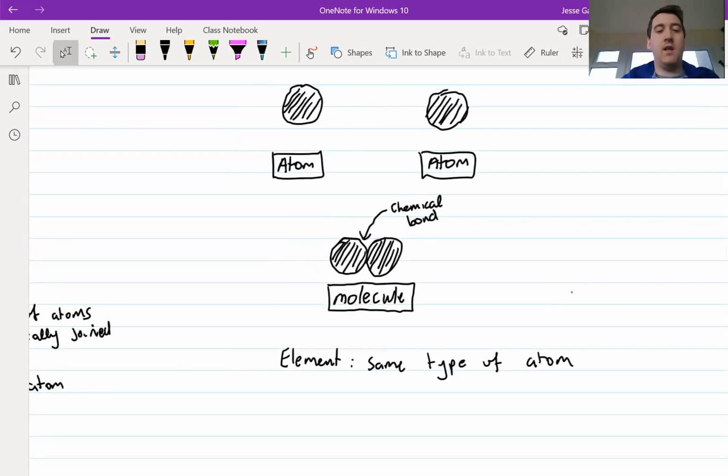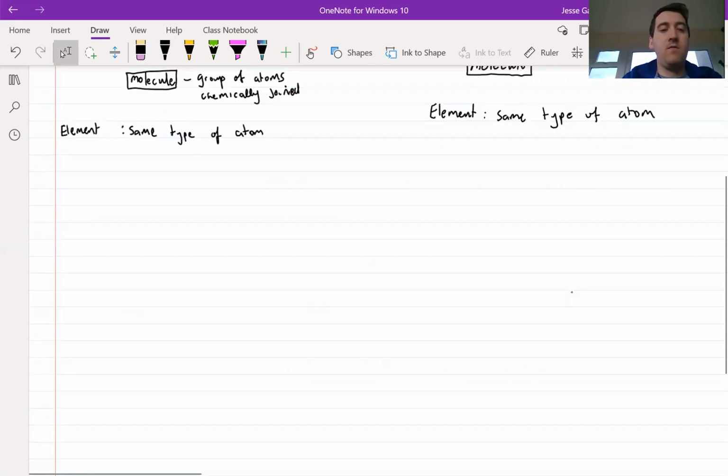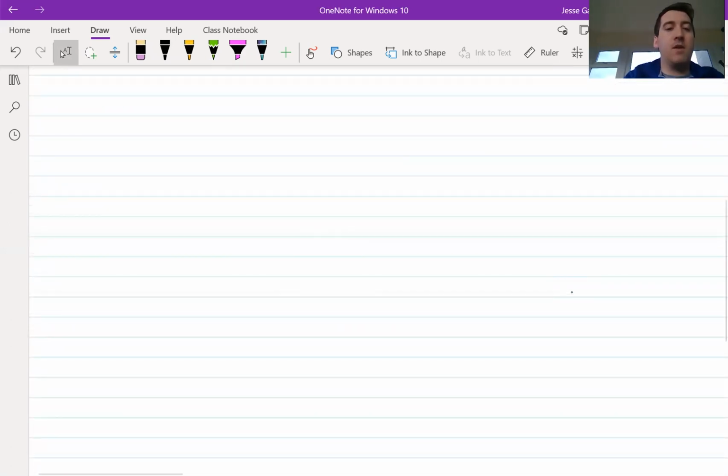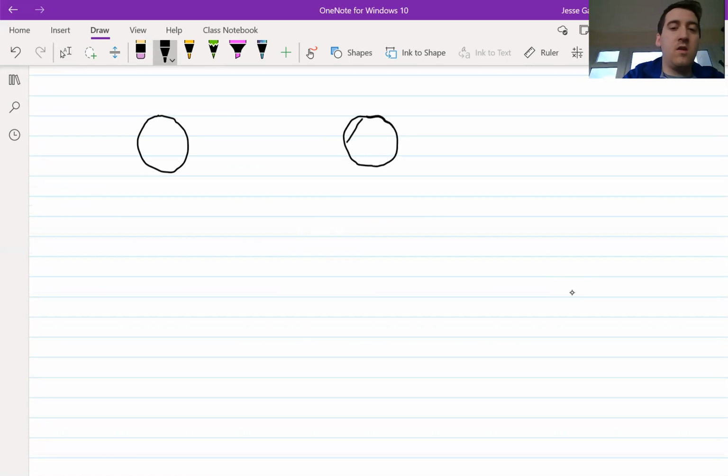Great, we're going to make it a little bit more complicated now. Okay, so what happens if I start with two particles, but they are now different types of particles? So I've got an atom of this white disk, and I've got a lined atom or a pattern atom.